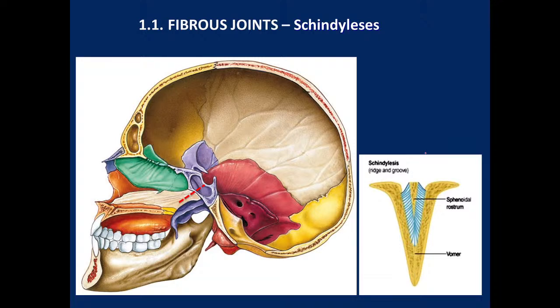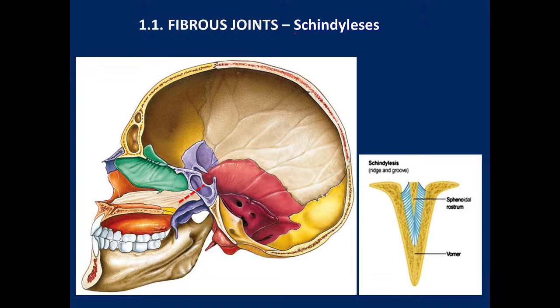Next, the fibrous joint named schindylesis is the fibrous junction of bones in which the sharp edge of one bone enters between the split edges of the other bone.